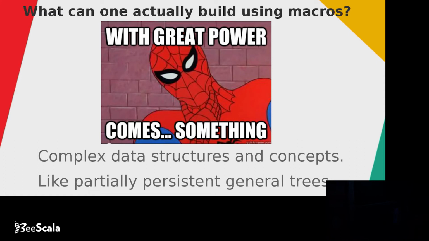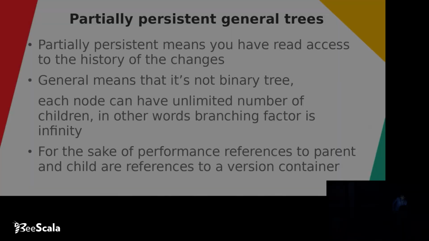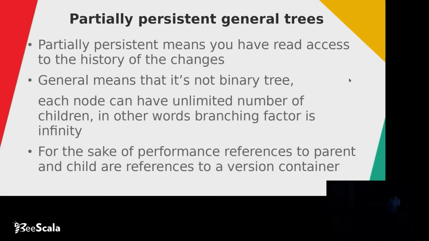We need it mainly for the complex data structures when we have multiple entities which are combined in, for example, partially persistent general trees. So, just to make things a bit simpler, partially persistent general trees.